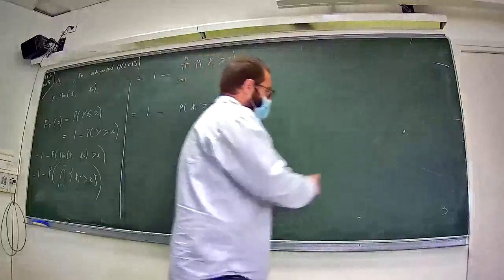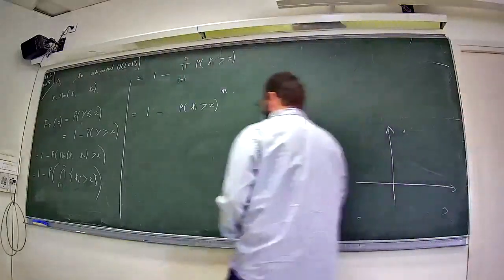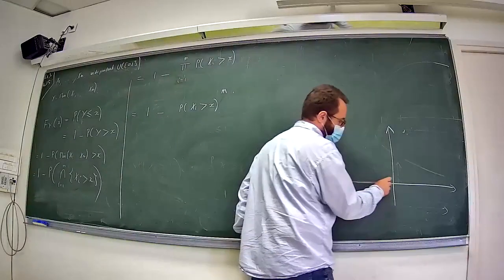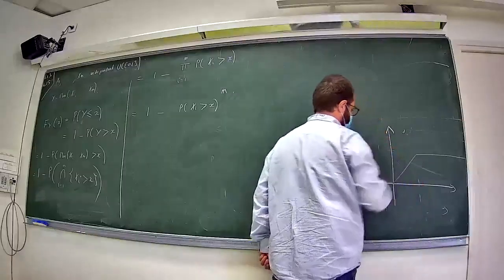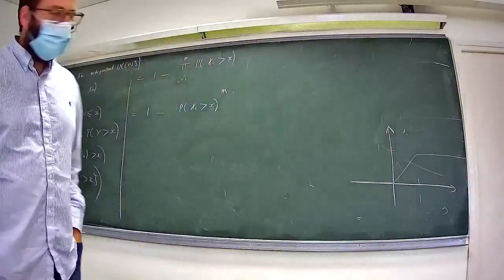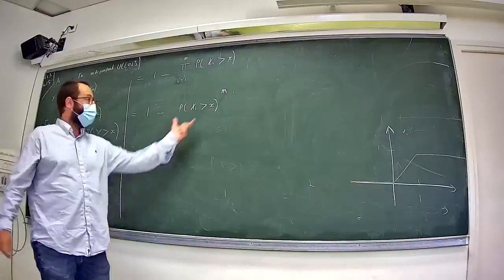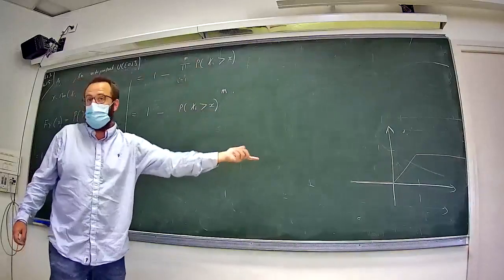So I write it again. In the case of a uniform, my distribution function is this one. So I can try to express this directly, or express it using the distribution function.